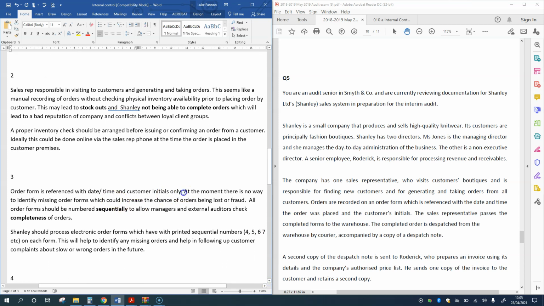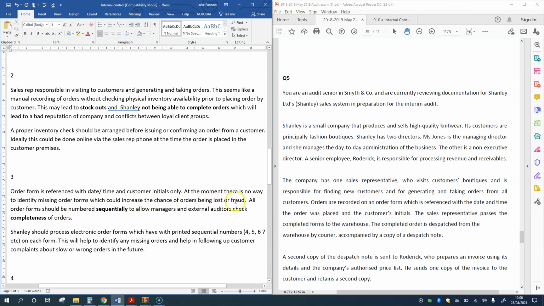So this is new. There's no way to identify missing order forms. And all order forms should be numbered. Well, I've got the sequentially in here. And the reason that is to allow managers and auditors to check completeness of orders.